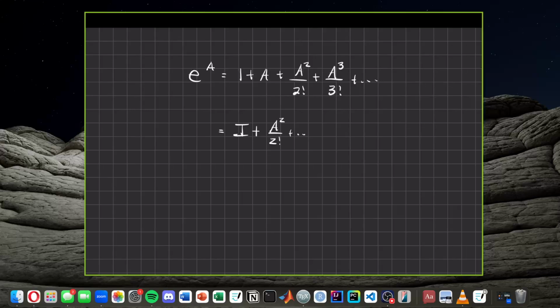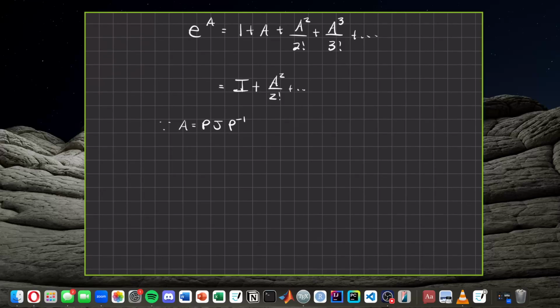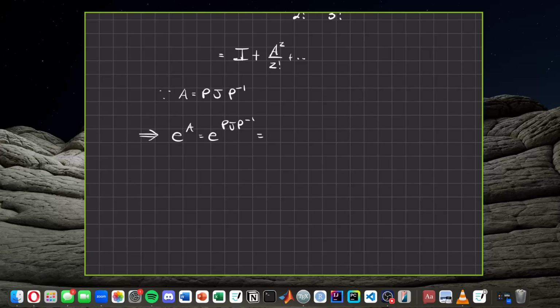Now, we know that A in this case is the same as PJP inverse, where J is the Jordan matrix of A. Because A is PJP inverse, this implies that e to the A is the same as e to the PJP inverse, which is really just I plus PJP inverse plus PJ squared P inverse over 2 factorial plus PJ cubed P inverse over 3 factorial, and on and on up to K or N or whatever.